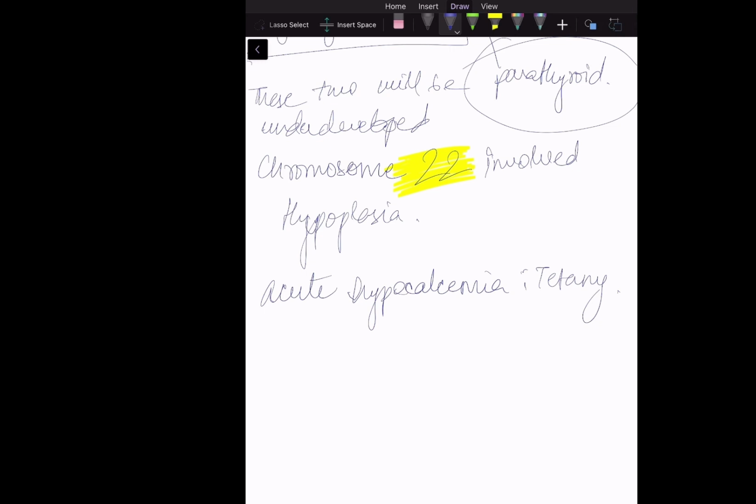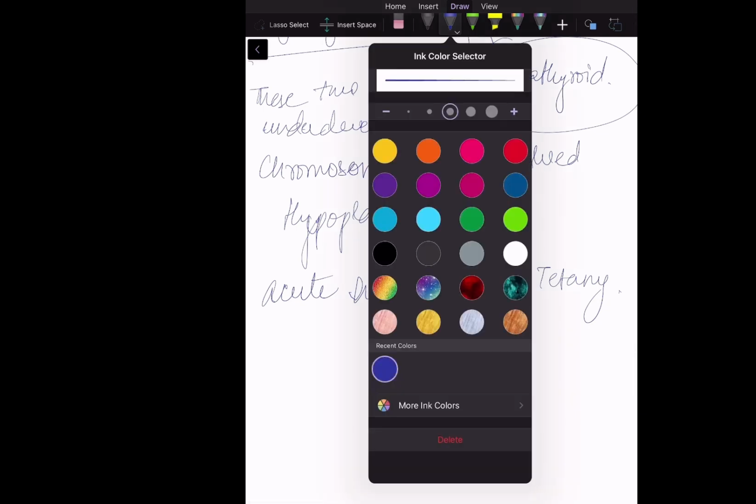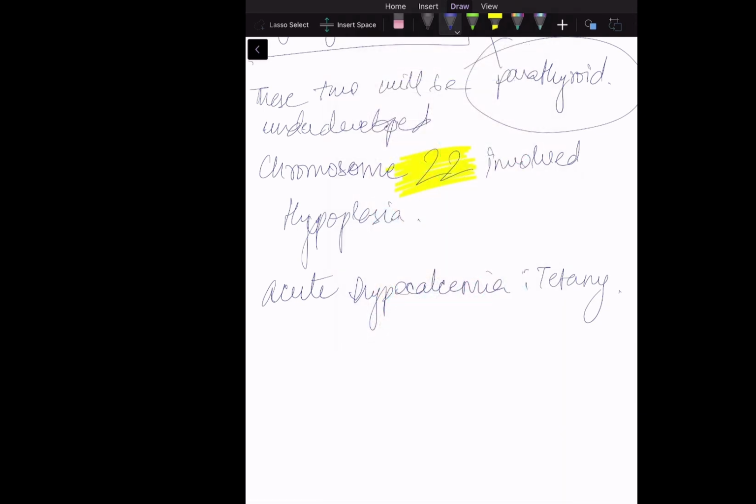There will be perioral paresthesia and perilingual paresthesia. Then we can check the blood pressure. So we should check for what?